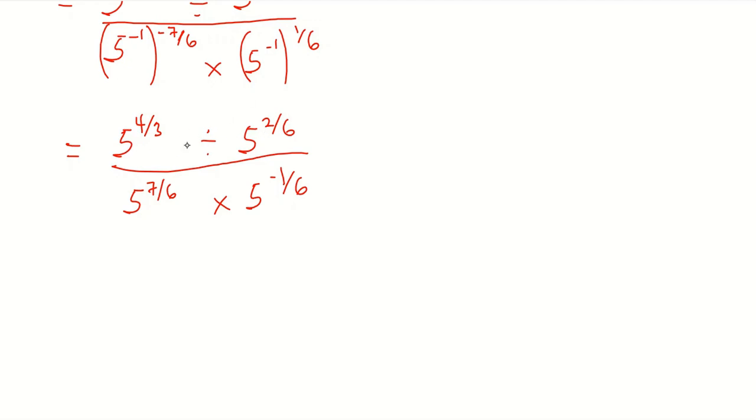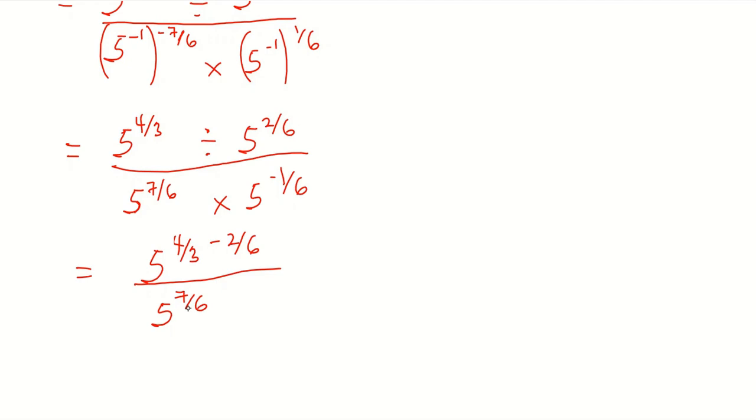Now we can see that they have the same base, a common base of 5, and at the same time the bases are dividing, so we can subtract the exponent. So we continue, and we have 5 exponent 4 out of 3 minus 2 out of 6, divided by 5 exponent 7 out of 6. Now in the denominator we see a common base of 5, and the bases are multiplying, so we add the exponent.